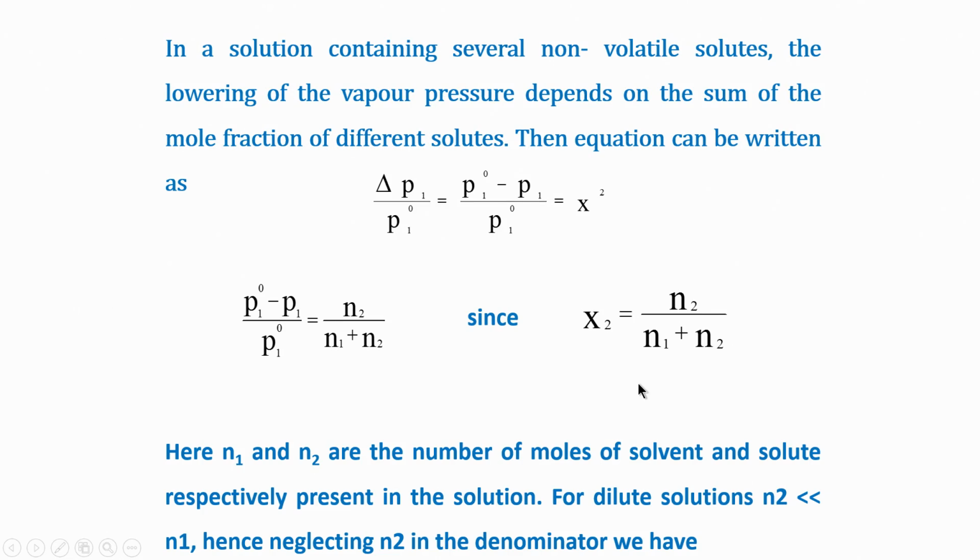In a solution containing several non-volatile solutes, the lowering of the vapor pressure depends on the sum of the mole fractions of the different solutes. Suppose there is one component that will lower the vapor pressure a little bit.